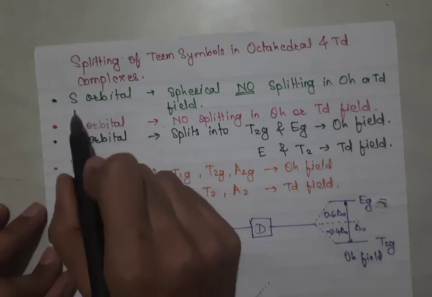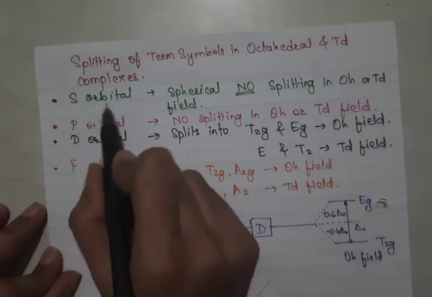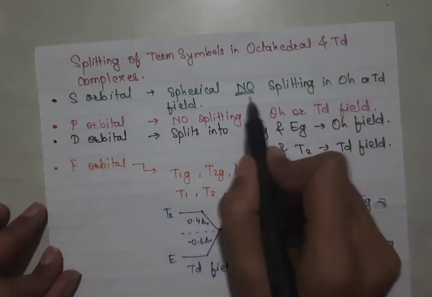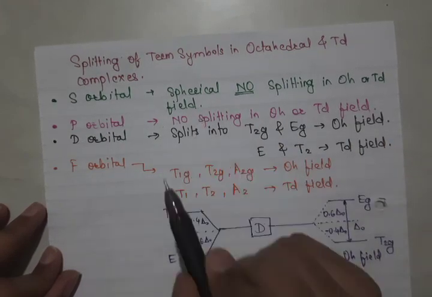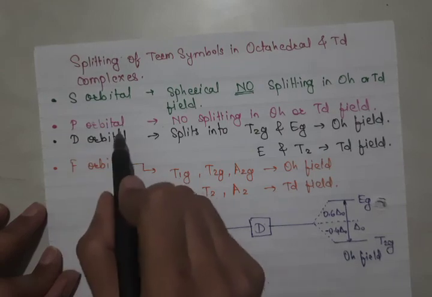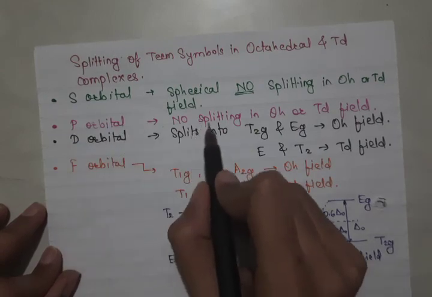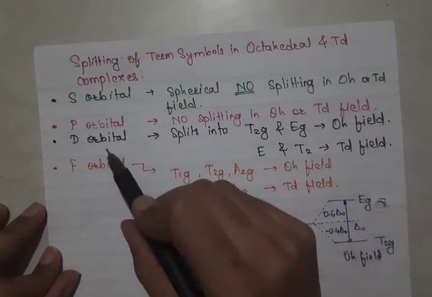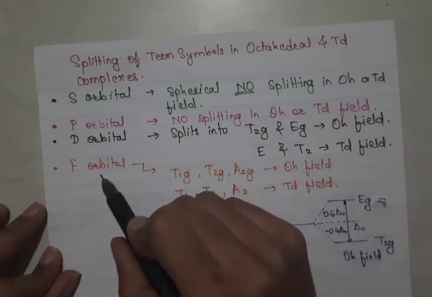The shape of the S orbital is spherical, therefore the S term will not split in the octahedral and tetrahedral field. The P term also will not split in the octahedral or tetrahedral field, but the D and F terms will split.